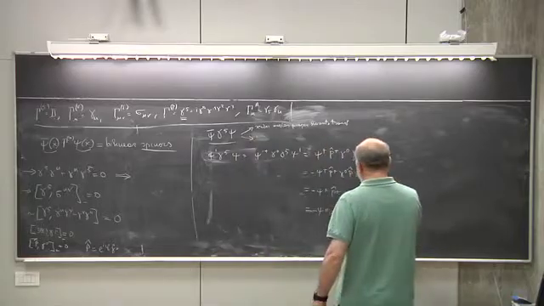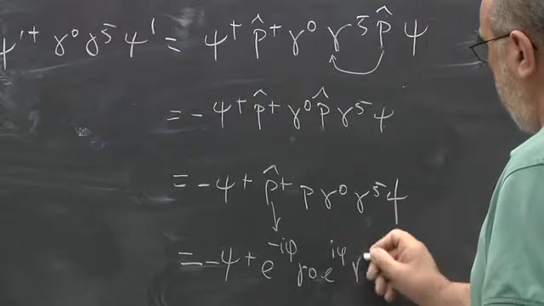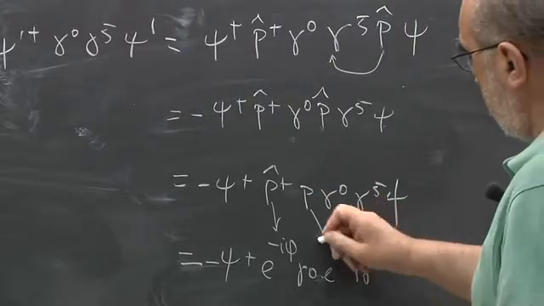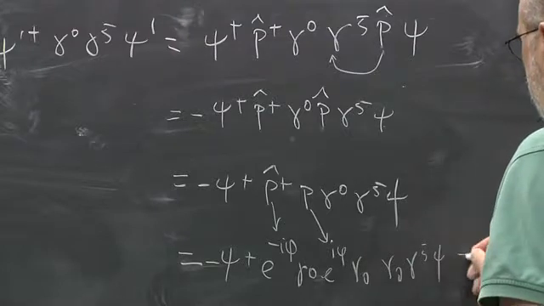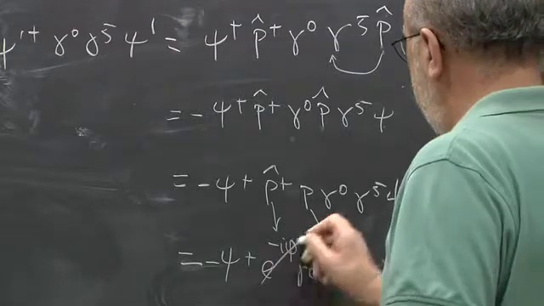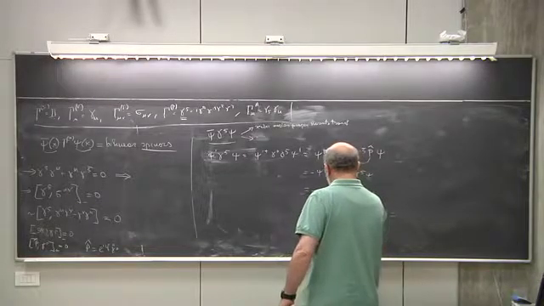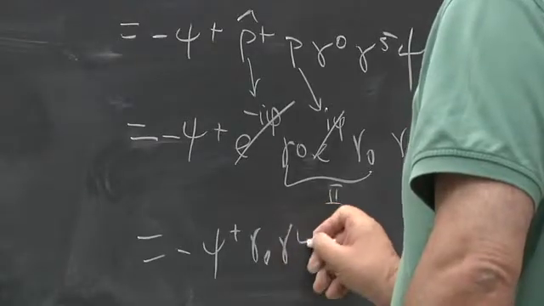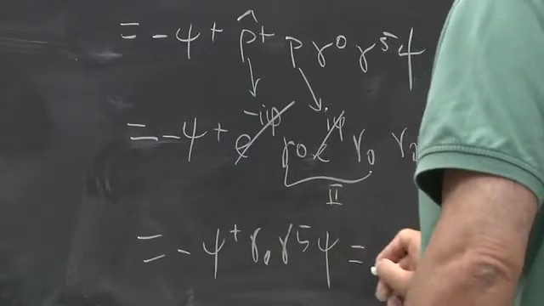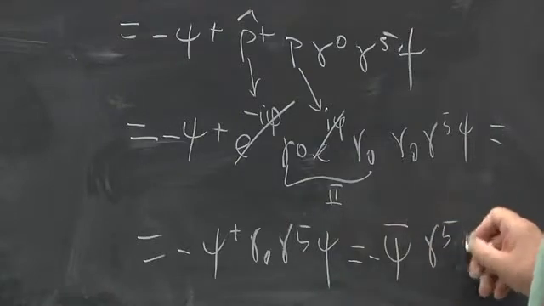Then I have i phi gamma 0, that is this object. Then I have gamma 0 gamma 5 psi. Now this and this cancel, this and this give me 1, and I have minus psi dag gamma 0 gamma 5 psi, but this is equal to minus psi bar gamma 5 psi.